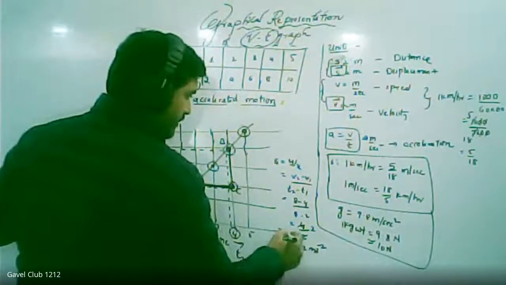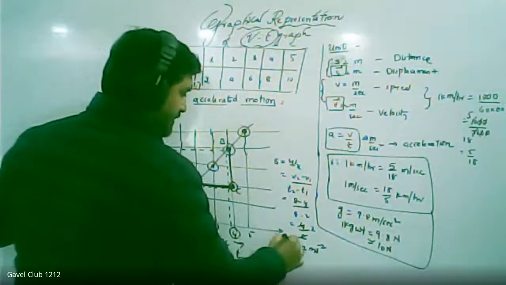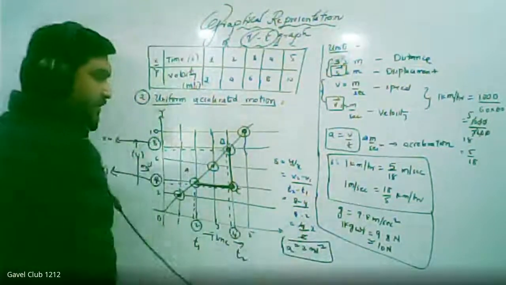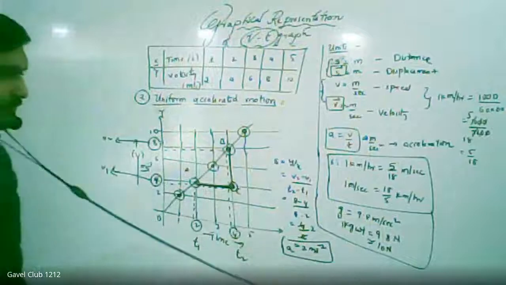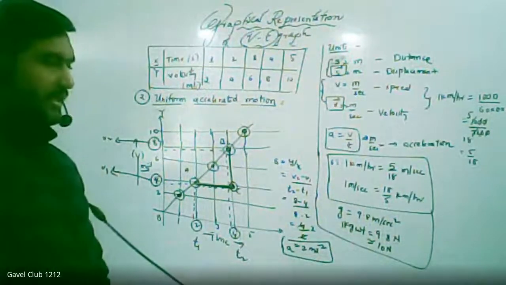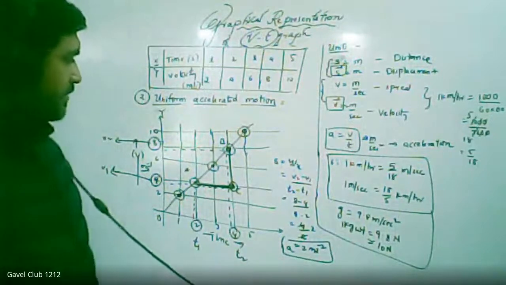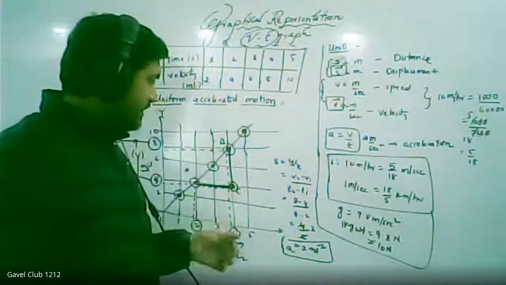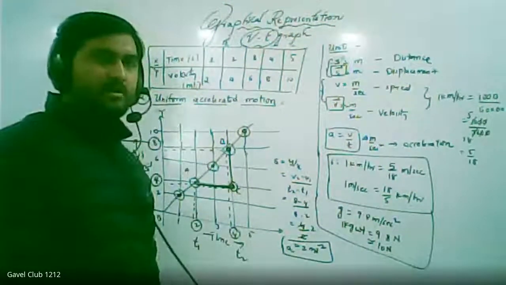So with respect to the slope, we get acceleration. We are finding the acceleration in this graph. Acceleration can be determined with the help of this slope. Yesterday we saw a graph similar to this, but there we determined the velocity with the help of the slope.